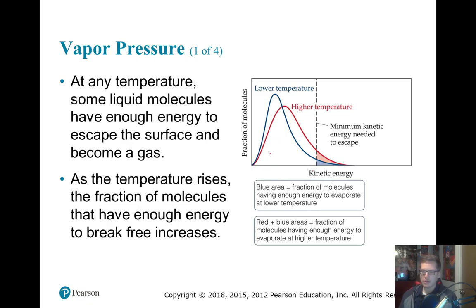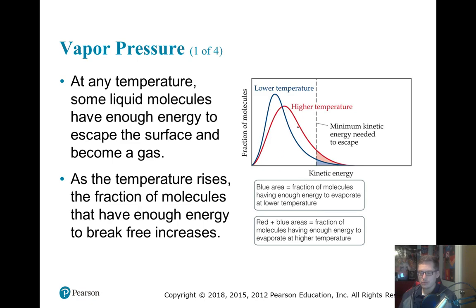Remember, we talked about these bell curves before when we talked about kinetic movement. We talked about average speed, URMS, stuff like that. So these are a fraction of molecules. The blue curve is when we're at a lower temperature, and the red curve is the higher temperature. Notice that if you imagine we found the area under both of these curves, they would be equal to each other.